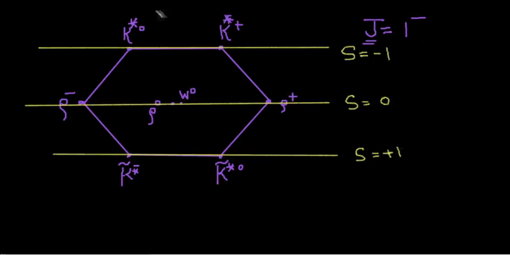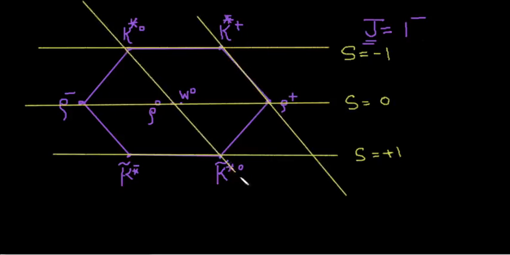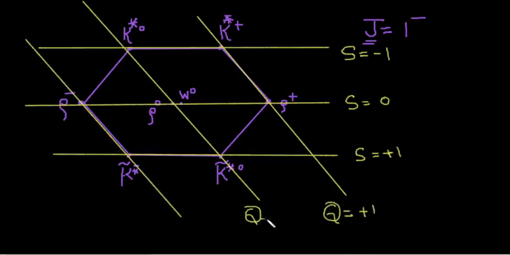Then you also have 3 diagonal lines as well, specifying the charges. So there will be Q equal to plus 1, Q equal to 0, and Q equal to minus 1.